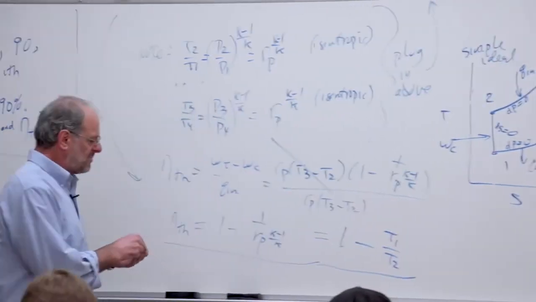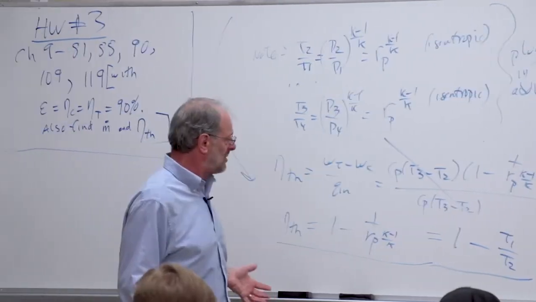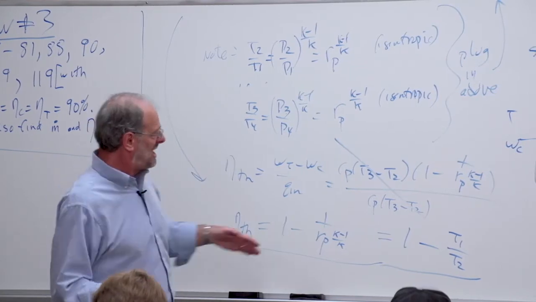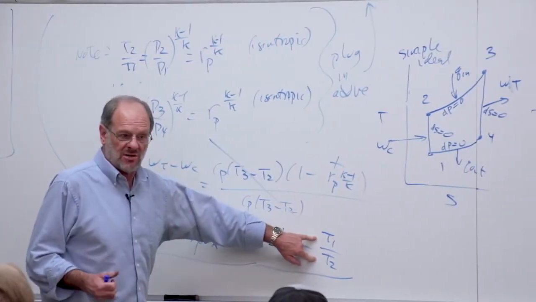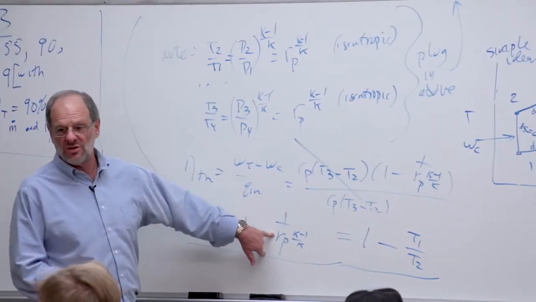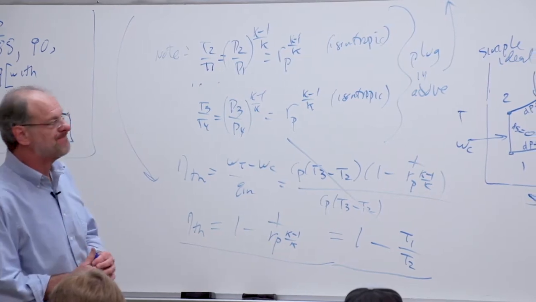So this is another simple equation that we can use in order to calculate the thermodynamic efficiency. We don't absolutely need our thermodynamic properties at every state point. We only need either the temperatures across the compressor, T1 in, T2 out, or we need the pressure ratio across the system, and then we can find the thermodynamic efficiency.